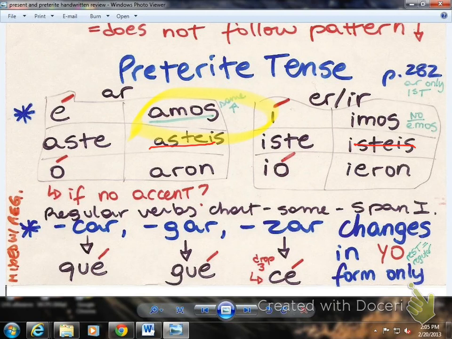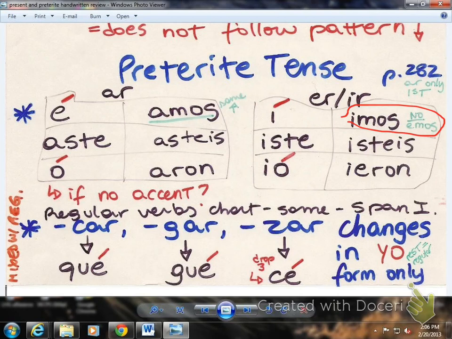So AMOS is the same, and then ARON for anything plural for AR verbs. Now notice that your ER and IR verbs are exactly the same box. That means that in the present tense we did have EMOS with ER verbs and IMOS with IR verbs, but in the preterite we no longer have EMOS. We just have IMOS.